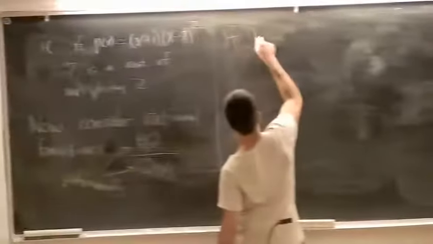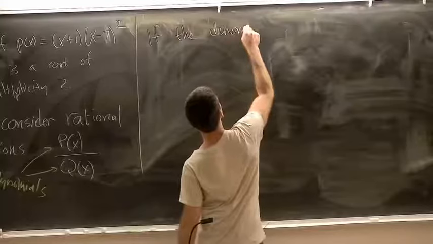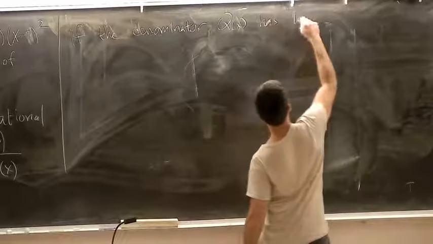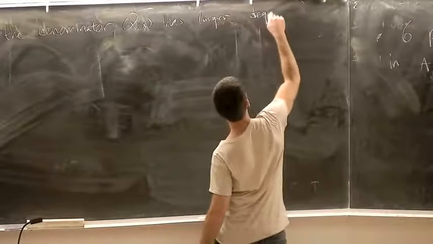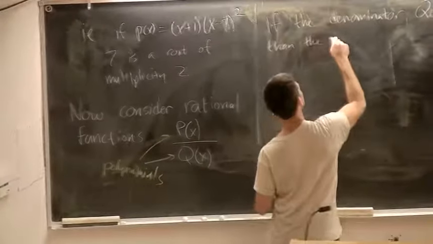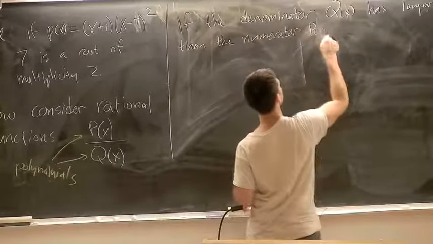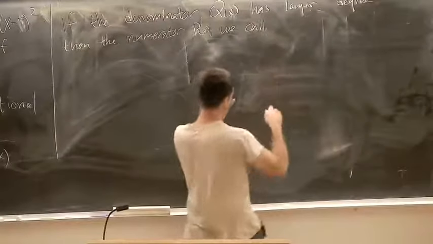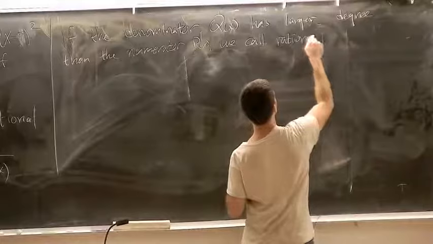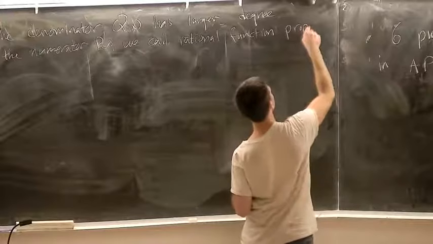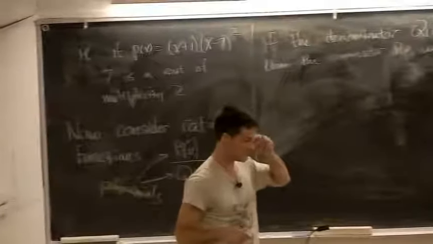So if the denominator q of x has larger degree than the numerator p of x, then we call the rational function proper. I need to define that because I'm going to have to use that word a few times in the lecture today.